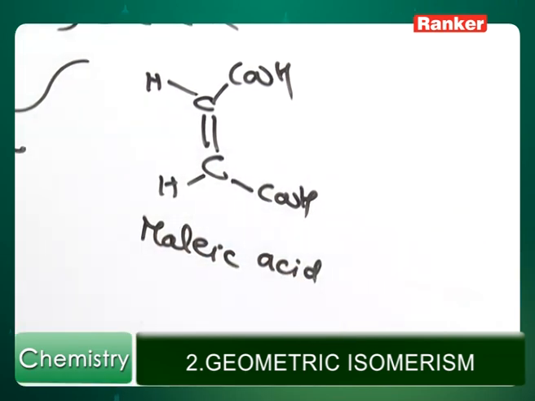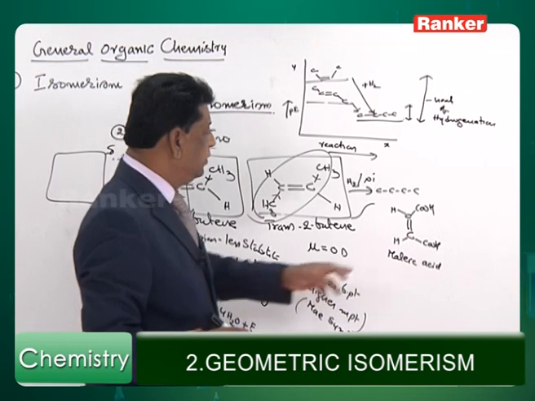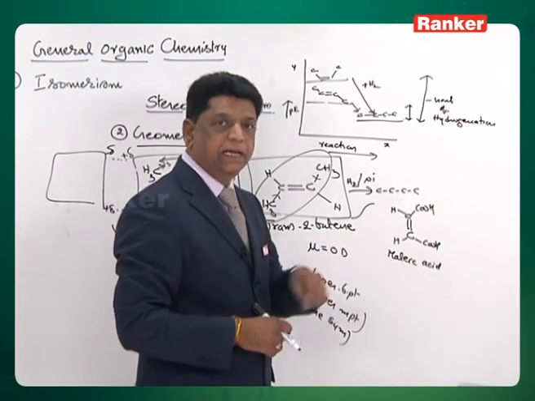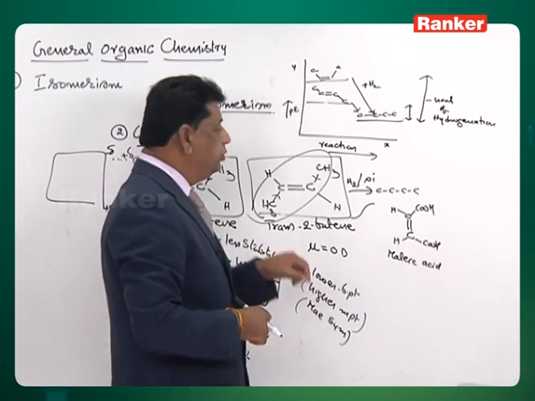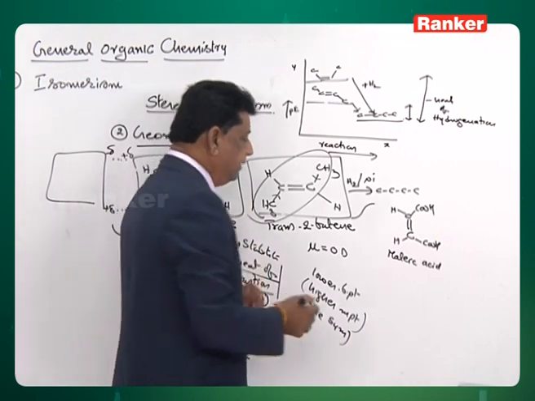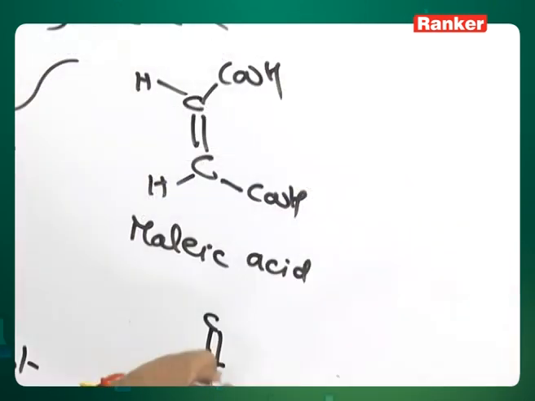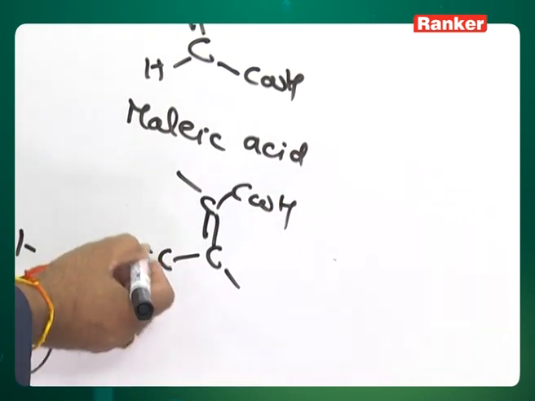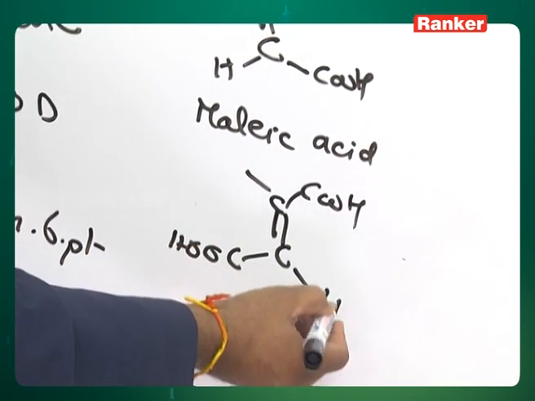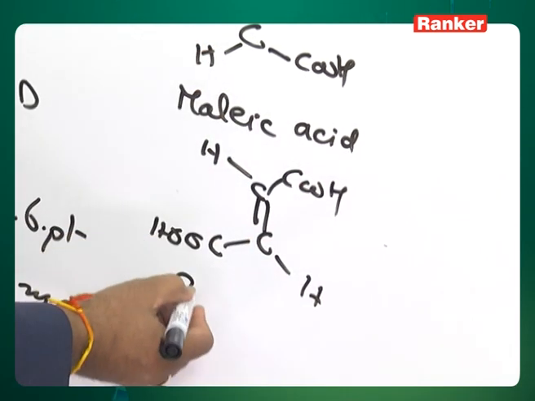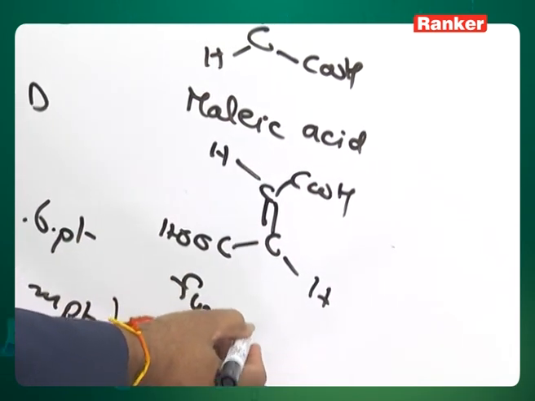Systematically you can call it butenedioic acid, specifically 2-butenedioic acid, and the cis one is called maleic acid, whereas when the two COOHs are on opposite sides, it is called trans, or another name, unfortunately, fumaric acid.